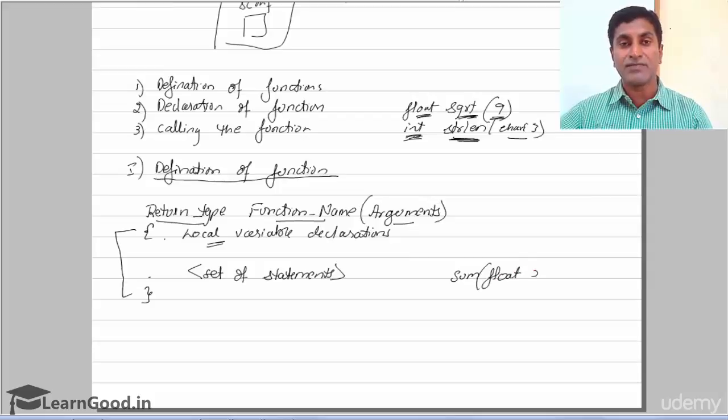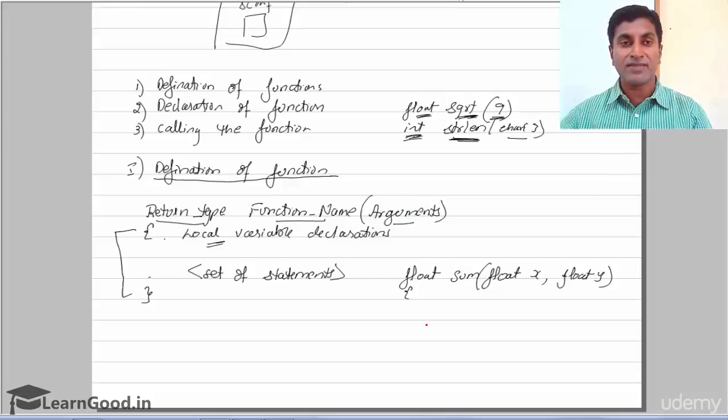I'll take them as float x and float y. Two values I'll pass, both values will be added, and you have to return that sum. So naturally the return type is once again a float. Here the return type is float, the function name is sum, and it takes two arguments, float x and float y.